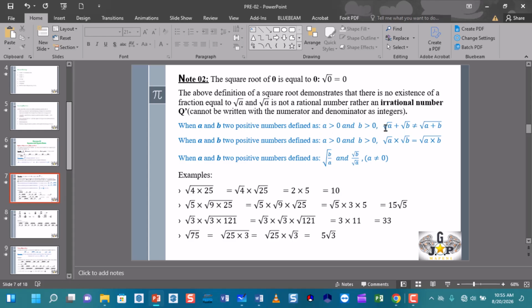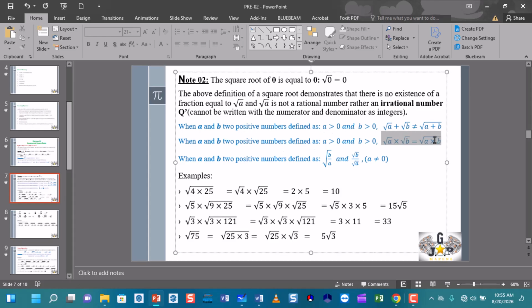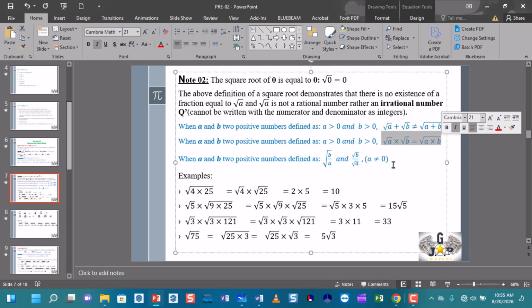By applying this rule, from here we can go to the other side. The square root of 4 times 25 is equivalent to the square root of 4 times the square root of 25. The square root of 4 gives you 2, and the square root of 25 gives you 5.